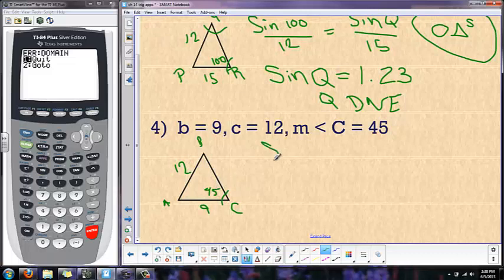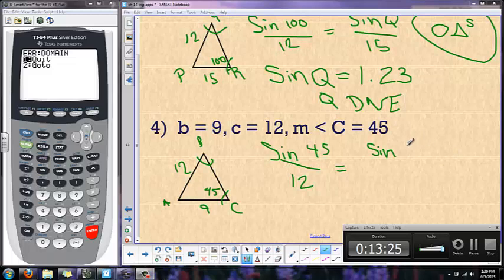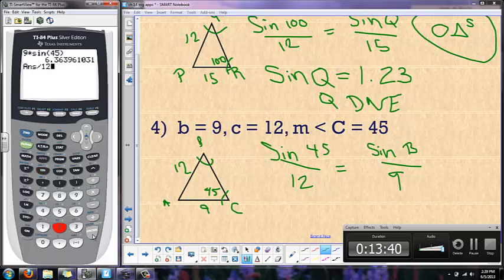So I'm going to do sine of 45 over 12 is equal to, and it's going to have to be the sine of B over 9. Cross multiply those. So 9 times the sine of 45, hit enter, divide by 12.